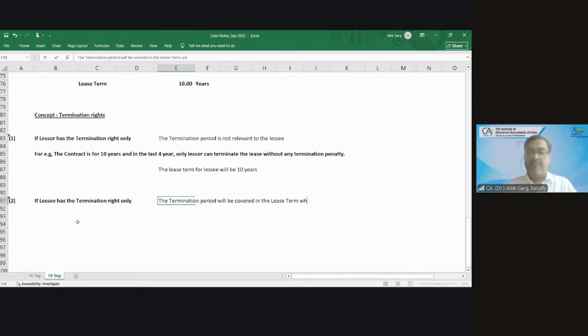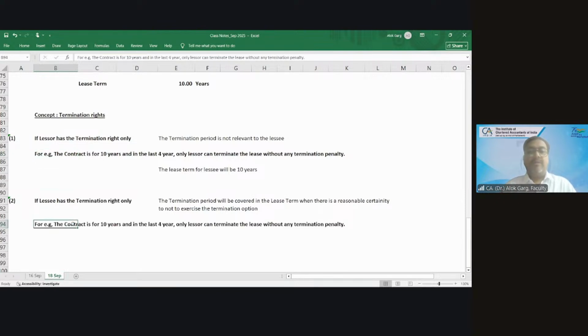When there is a reasonable certainty not to exercise the termination option. Not to terminate the contract. Not to exercise the termination option.